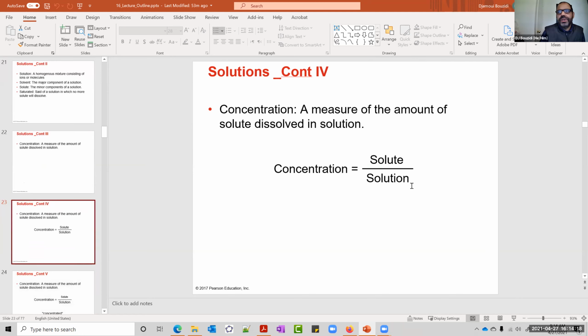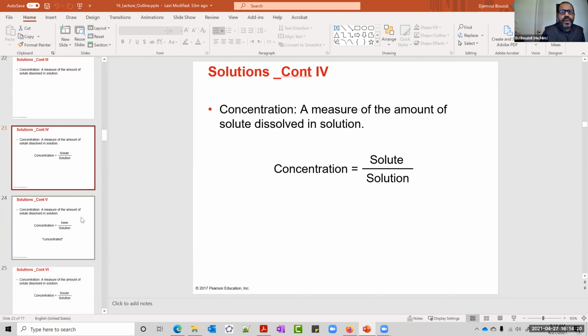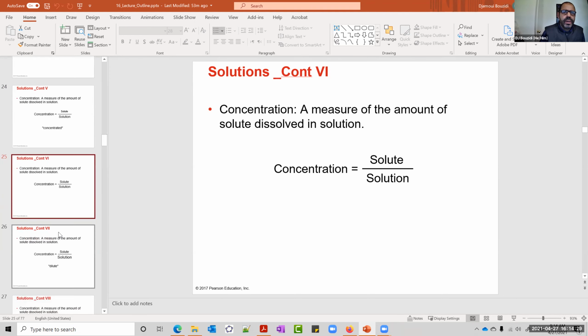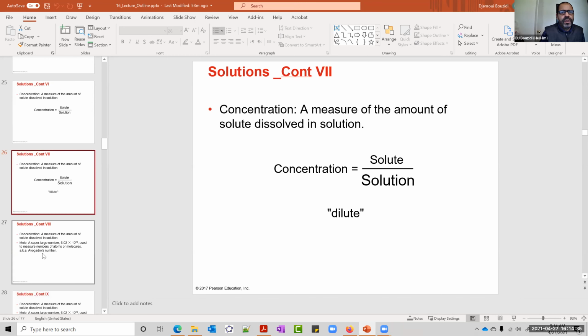So the concentration is solute over solution. If the solute is too high, then it's concentrated. That is the definition here. Otherwise it's dilute. Those are the terms used depending on the value of the concentration.